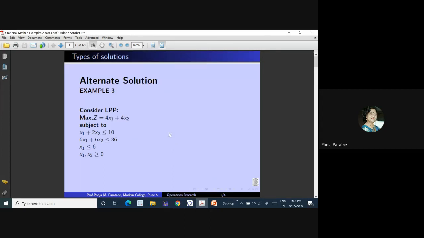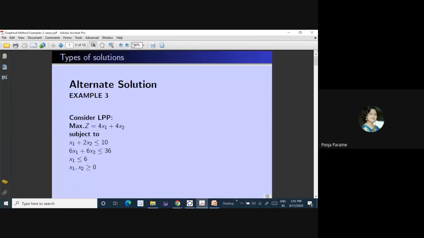Maximize Z = 4x1 + 4x2 subject to x1 + 2x2 is less than or equal to 10, 6x1 + 6x2 is less than or equal to 36, and x1 is less than or equal to 6, along with the positivity constraints.